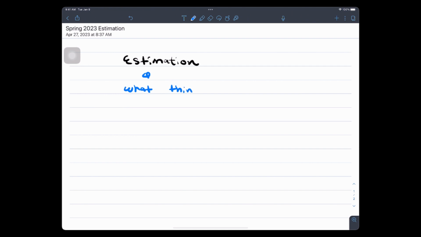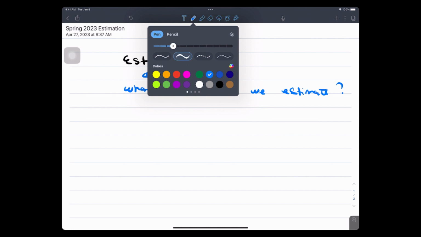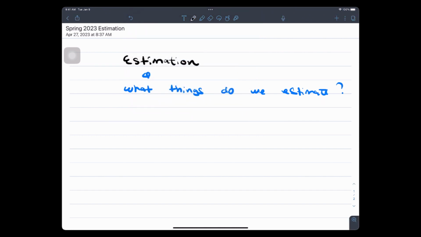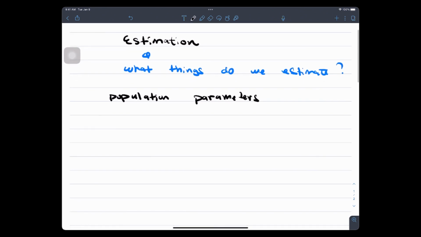What things do we estimate? Well, here's your answer. We estimate population parameters. Okay? We estimate what's called population parameters.